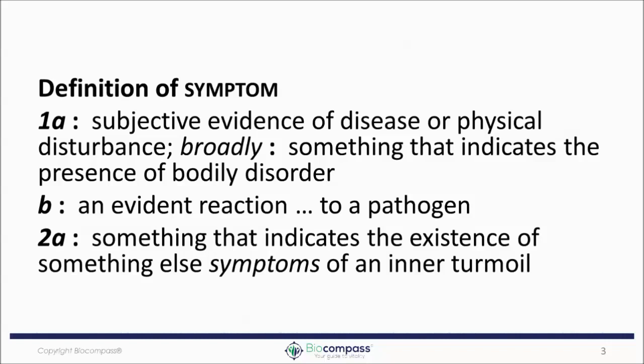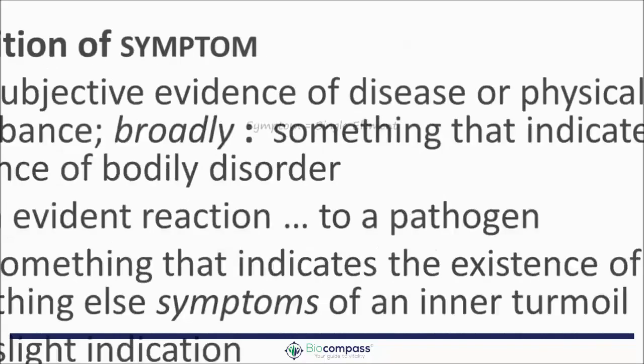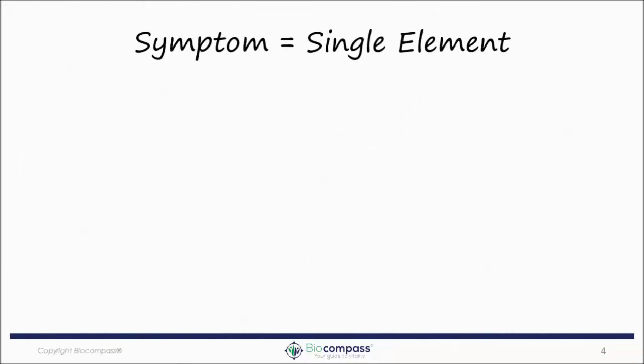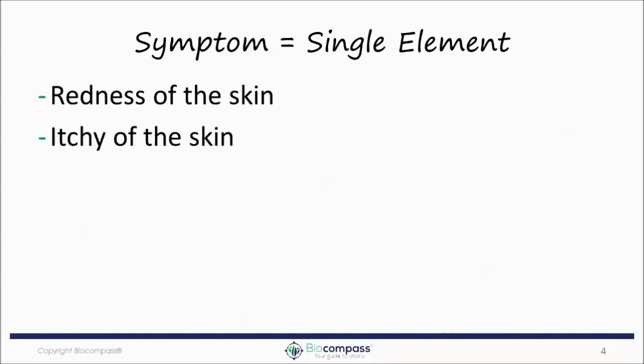So now let's have some examples of a symptom, which actually is a single element. For example, the redness of the skin. You can see that, you can observe that, you can measure that. Itchiness of the skin. You can't really see that, but the client can definitely notice it.